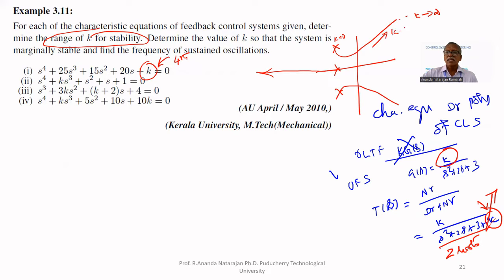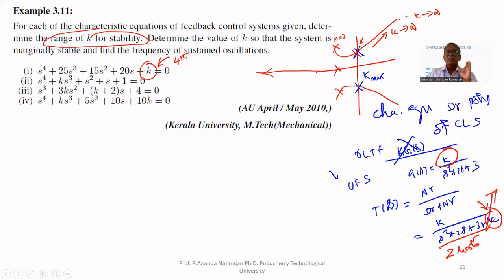For a particular value of k, the poles will be on the j omega axis. That value is called k max. Maximum value of k, up to which the system is stable.